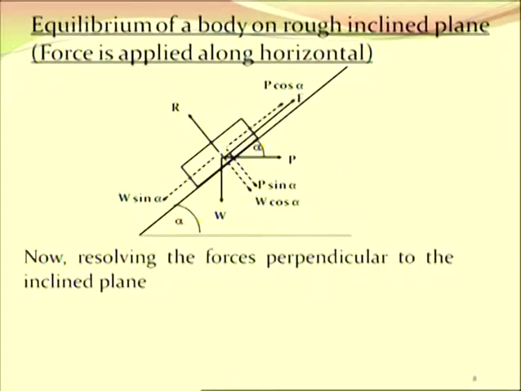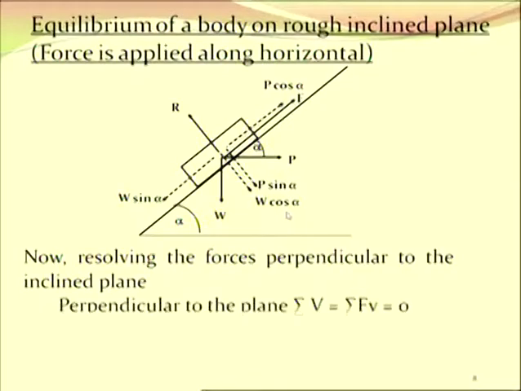Now resolving the forces perpendicular to the inclined plane. Here is parallel and here is perpendicular. The perpendicular forces are the upward normal reaction R, the downward W cos alpha, and the component of P, that is P sin alpha. So three forces are there under which equilibrium holds. Perpendicular to the plane, sigma Fy is equal to 0.